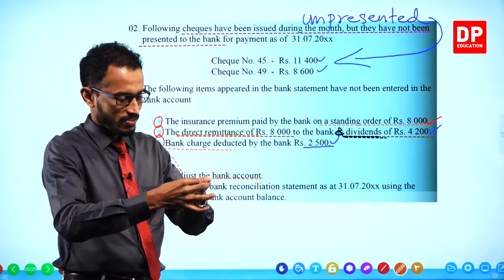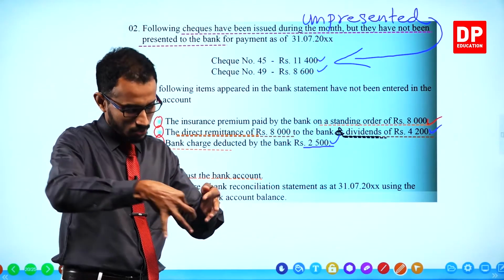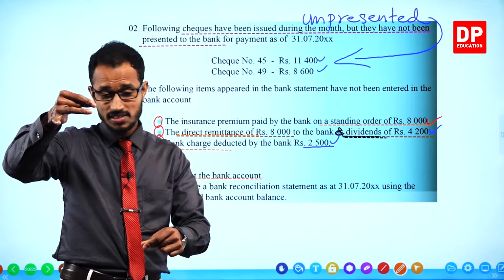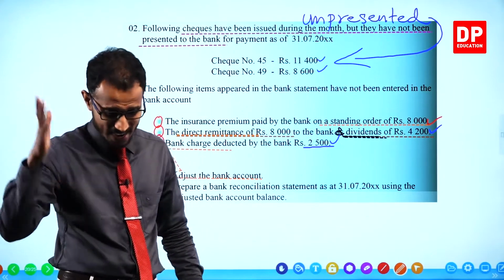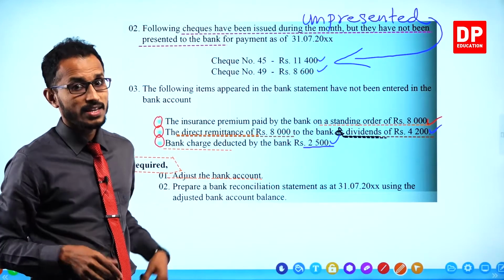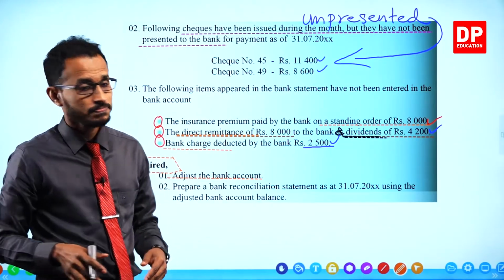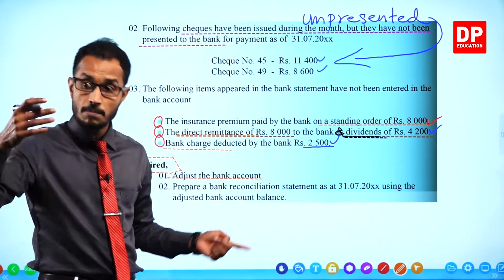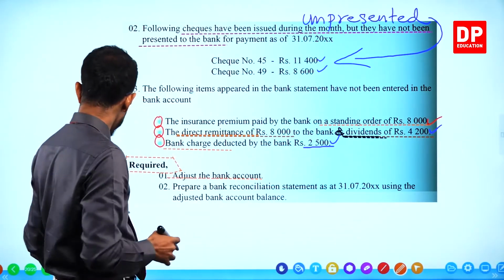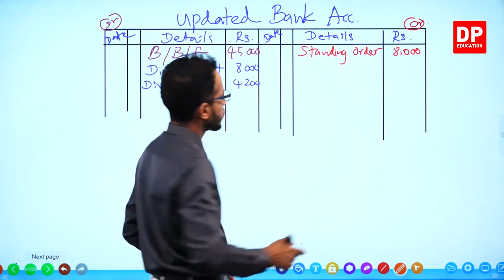They open the envelope, take out the bank statement, look at the bank charges and say, oof, again they have deducted this much money from our account. How much? 2,500 should be credited.